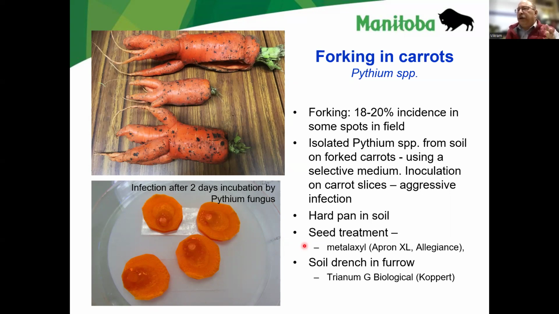You cannot spray on top of the foliage to control the disease on the roots. So we need to have seed treatment, and quite often metalaxyl is used. There are some other biologicals that can be used as a drench, but the efficacy is not very good.